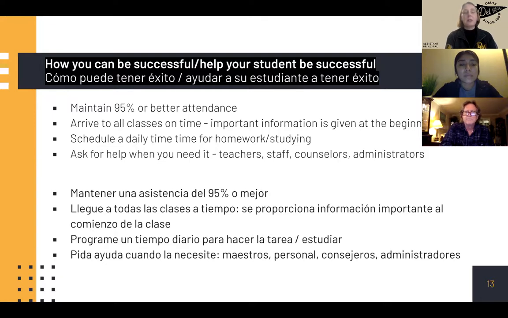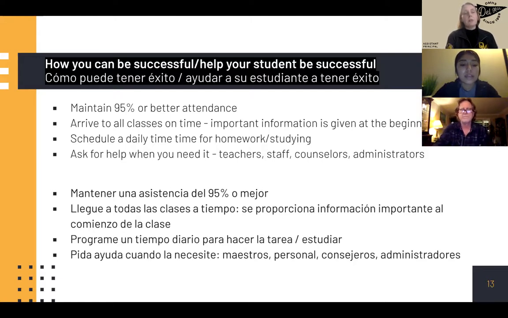So if a student's coming in late, they're missing that, and then they're behind right away from the moment they get into class. So really, please encourage your students, and if you are a student, please make a commitment to yourself to be in class on time, because we also, of course, see a correlation between being in class on time, having very few or no tardies, and being successful and having good grades.